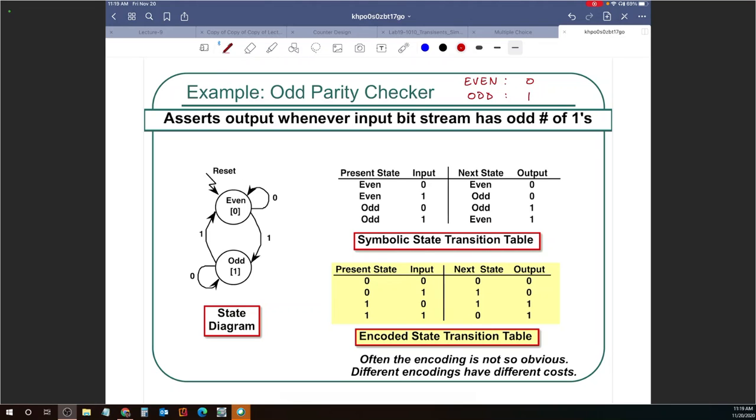But if I do this, even is 0, odd is 1, then my even, even, odd, odd goes to 0, 0, 1, 1. My even, odd, odd, even goes to 0, 1, 1, 0. Everything else is the same. So the symbolic state transition table is a representation of the state diagram. And from the symbolic state transition table, we go to the encoded state transition table by taking the states and encoding them as zeros and ones, in the form of bits.